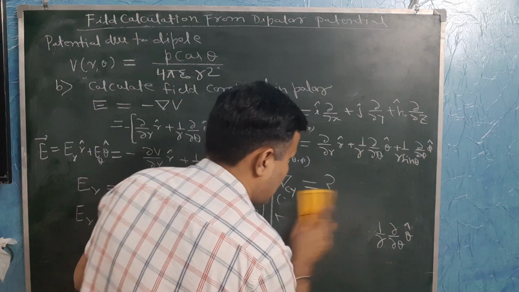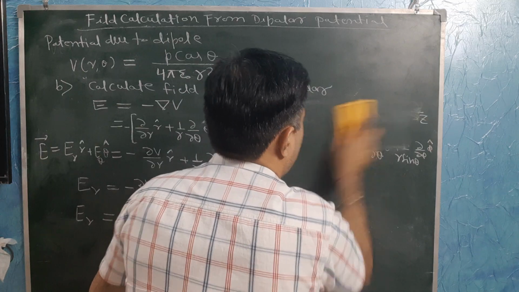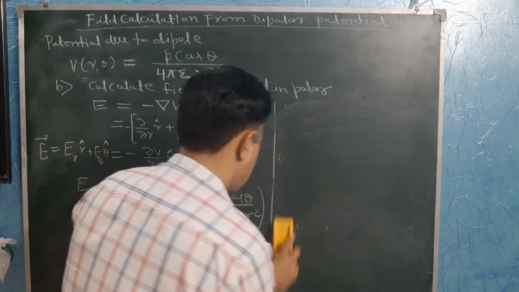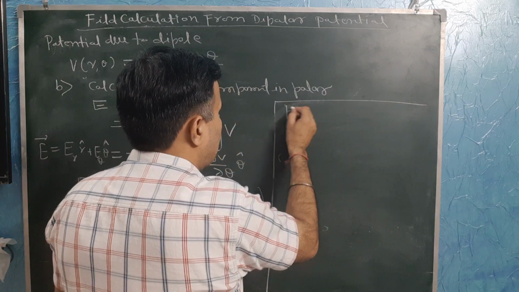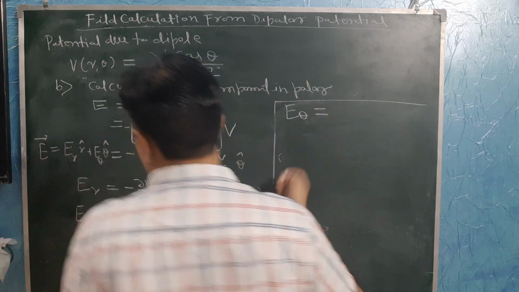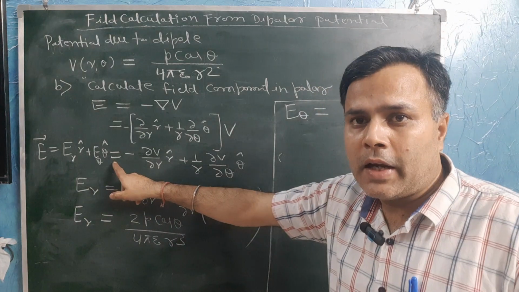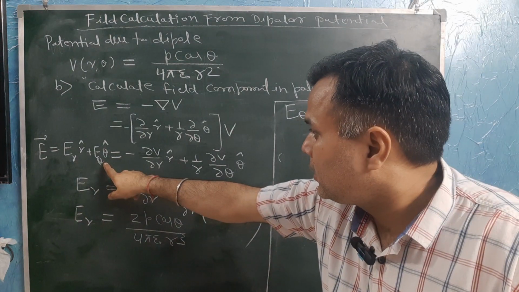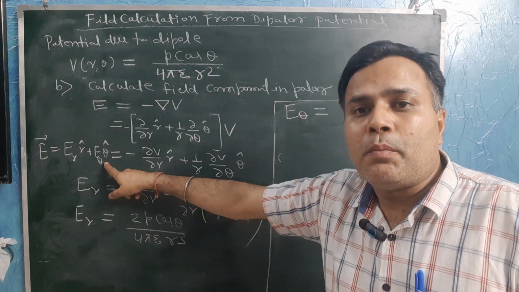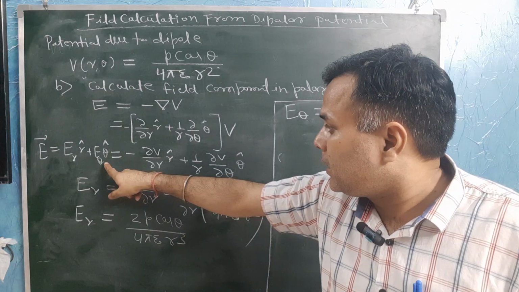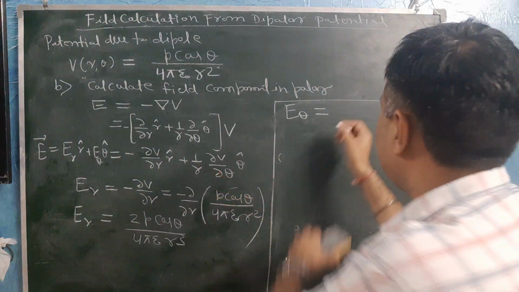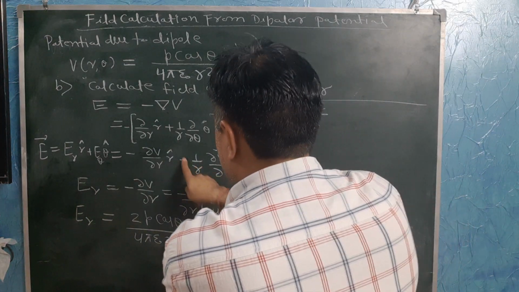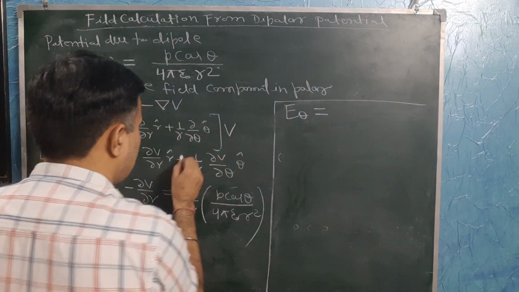Let me just erase this part. So the theta coordinate. What is our E theta? Now comparing the theta cap coordinate on both sides in order to find out the component of field, that is E theta. E theta in this case is simply 1 by r del V by del theta, including the minus sign.